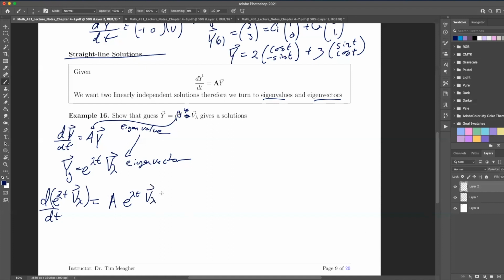All I'm doing is saying I'm going to guess that this is the solution and plug it into my system.